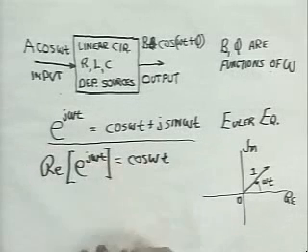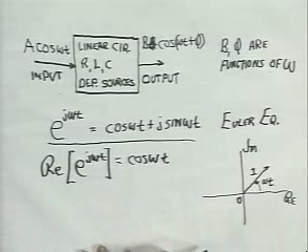The imaginary part is sine omega t, but for the purposes of this discussion and all of the work we will do with sinusoidal steady state, we will focus on taking the real part, which, as you see, is the cosine.